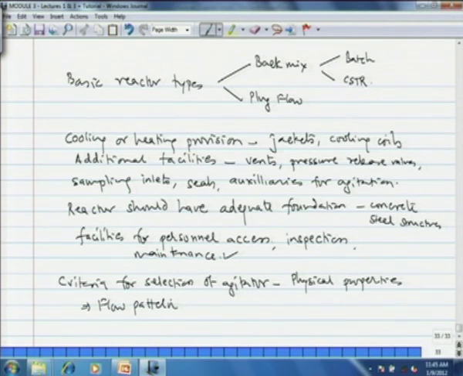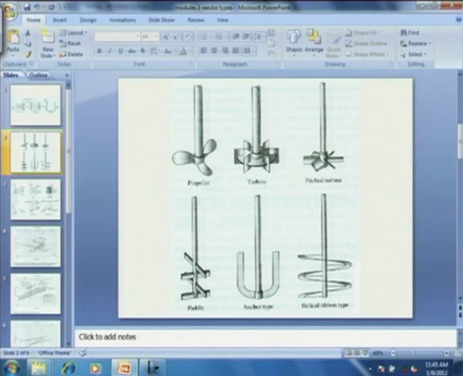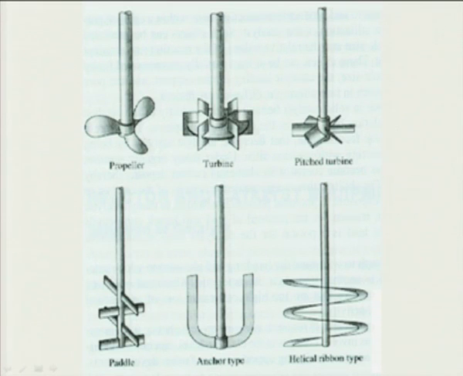I will show you certain standard agitators that are used in industry. The first one is the propeller, which creates basically an axial flow of the reactants. Then the flat blade turbine, which creates basically a radial flow. Then the third one is a pitch blade turbine, where the blade is given a certain angle.